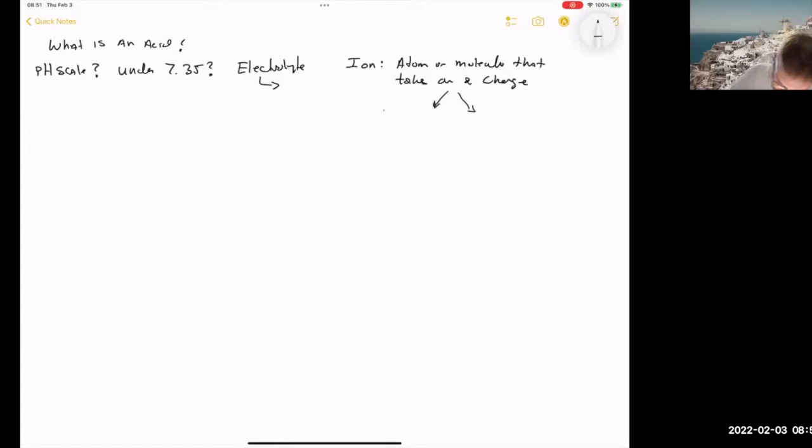There are what we call cations, and cations are positively charged. All right. So when sodium loses an electron, for example, and becomes Na+, that is a cation.